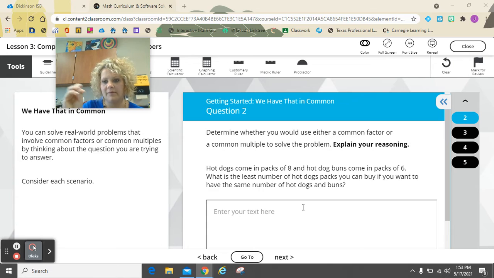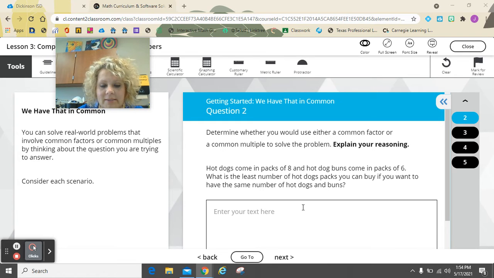And then we found the common factors and then multiplied them to find the greatest common factor. Multiples, we went ahead and we counted by the number. So if we were talking about 2, the multiples of 2 would be 2, 4, 6, 8, 10, and so on. So those are multiples. And then we found the one that it had in common, and we wanted to find the least. So you are going to determine whether you'd use common factor or common multiple and then explain it.